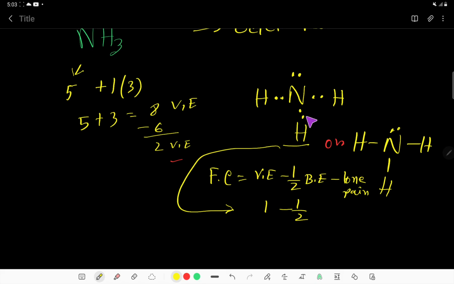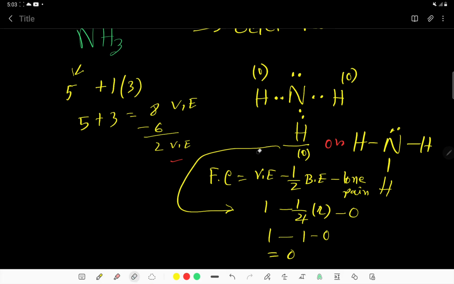Here the bonding electrons are 2, and there is no lone pair over hydrogen. So we get 1 minus 1 minus 0, that is 0. So this hydrogen's formal charge is 0. The formal charge of the other hydrogens will also be 0, right?